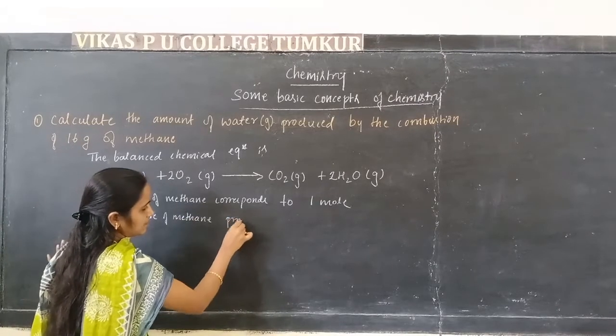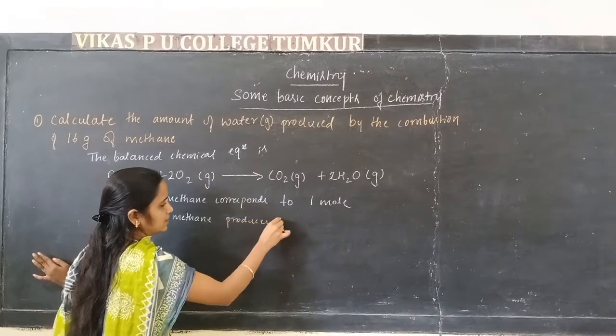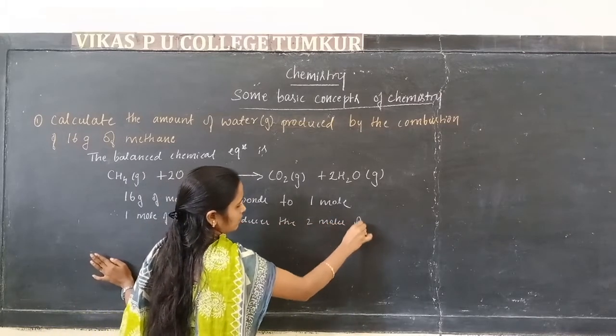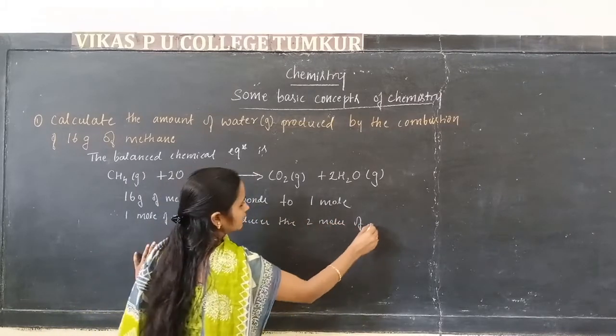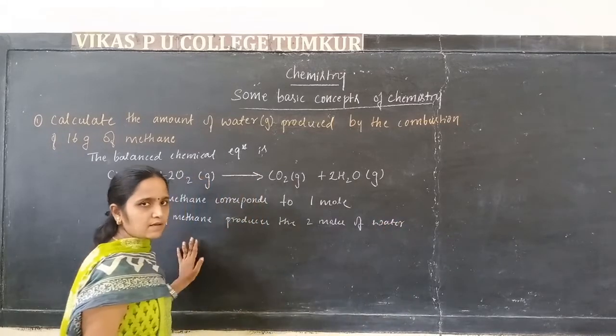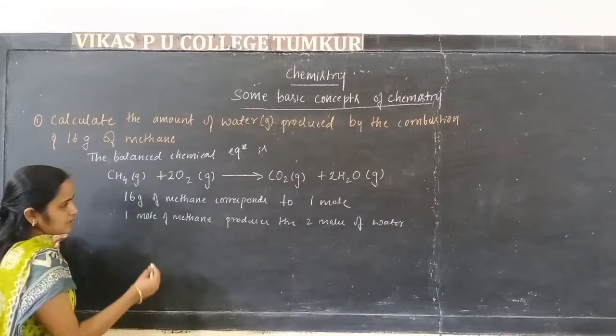That is, 1 mole of methane produces 2 moles of water. Methane means 16.